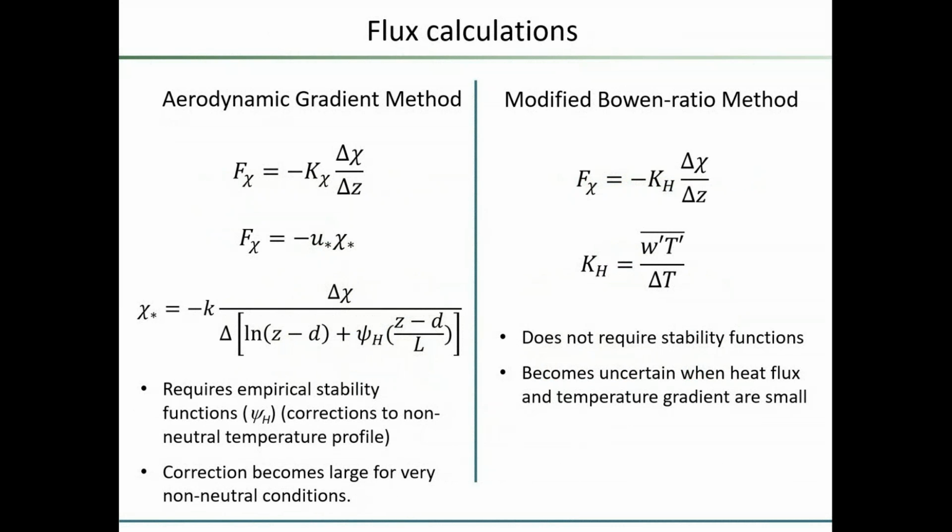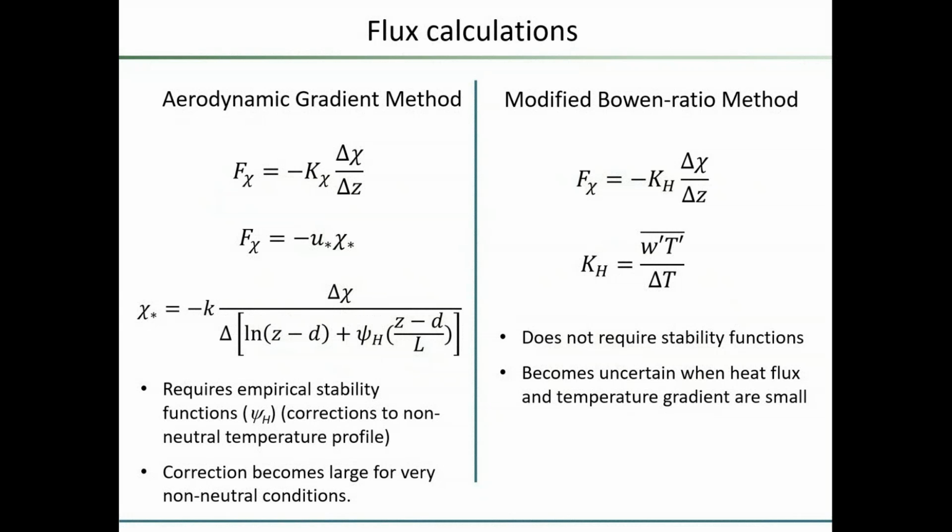So here's a little bit of math. I just wanted to put these up here for those that are interested in the theory behind the flux calculations. Using gradient measurements, you can calculate fluxes in a couple of different ways. The traditional method on the left-hand side is the aerodynamic gradient method. The flux of some compound is equal to its turbulent eddy diffusivity applied to the vertical concentration gradient.